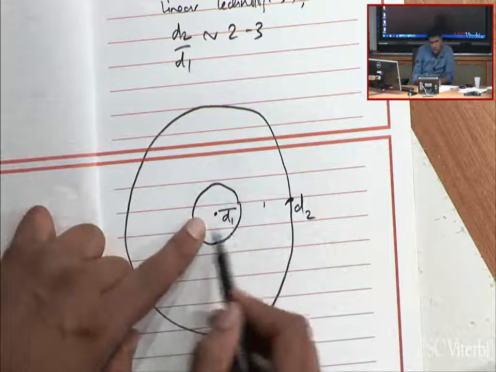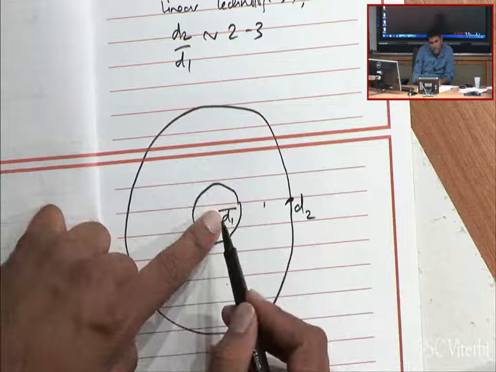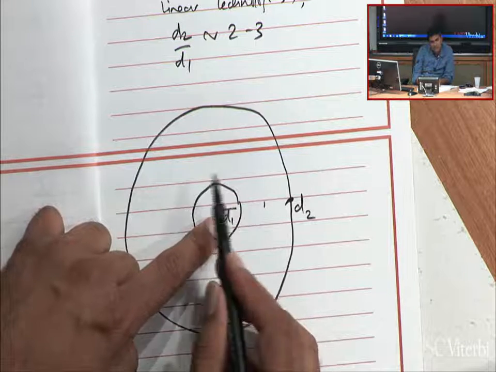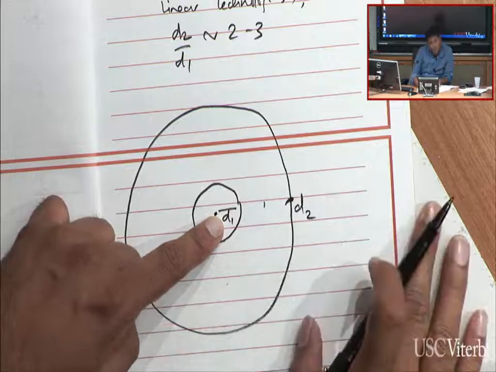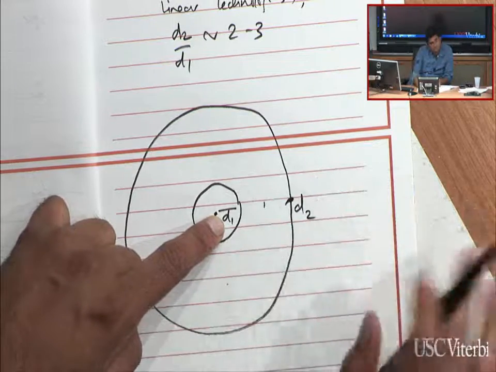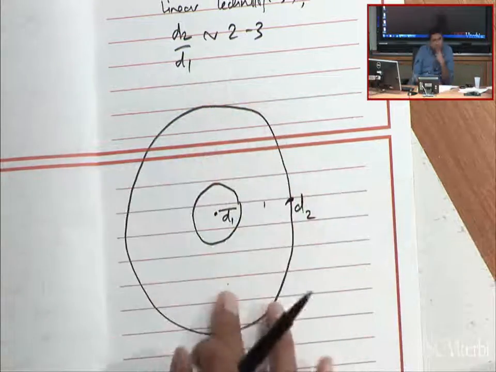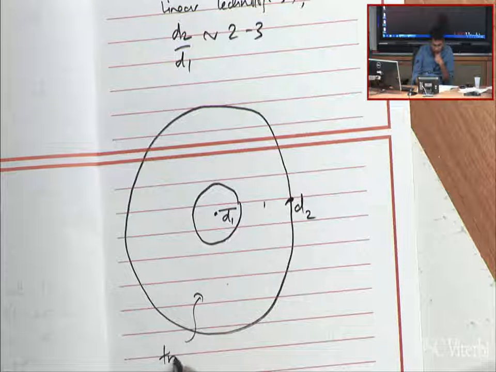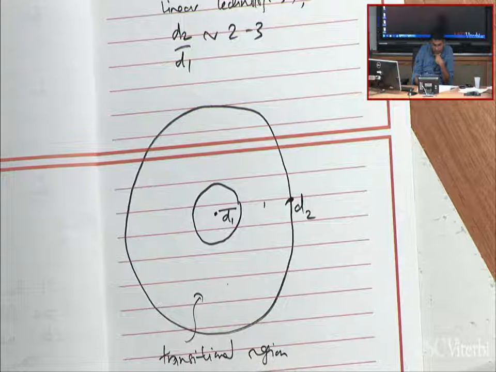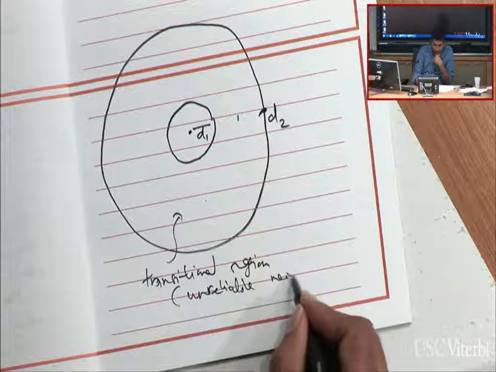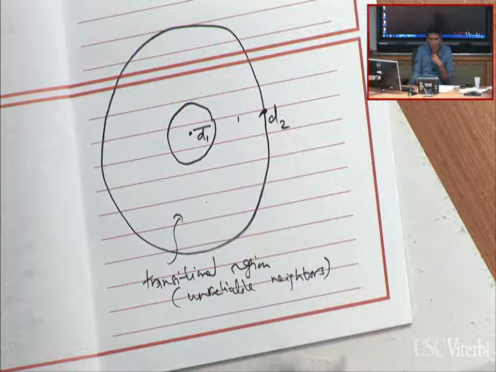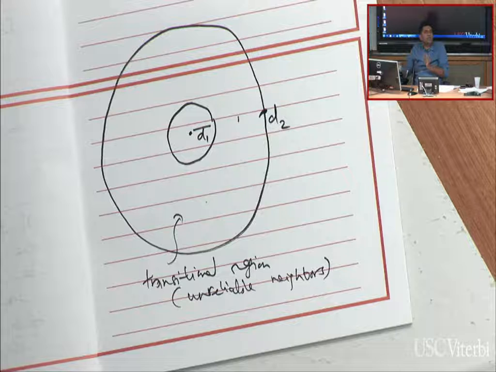All of the nodes within this distance of this wireless device are going to be in the connected region. They'll get 100% link quality. All of the nodes outside this region will get very poor quality. All of the nodes in this intermediate region are in that transitional region, and basically it's full of unreliable neighbors. And unreliable in the following sense: sometimes you'll be able to hear from them, sometimes you won't.